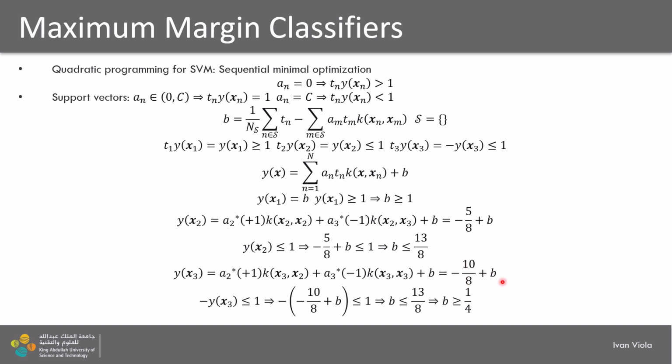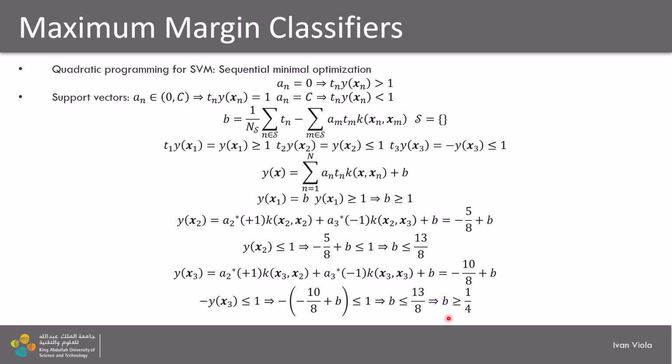As minus y(x3) needs to be smaller than 1, therefore we have minus 10/8 plus b is smaller or equal to 1, and that in fact leads to the outcome that b needs to be, not 13/8, sorry, 10/8, that b needs to be bigger than 1/4.